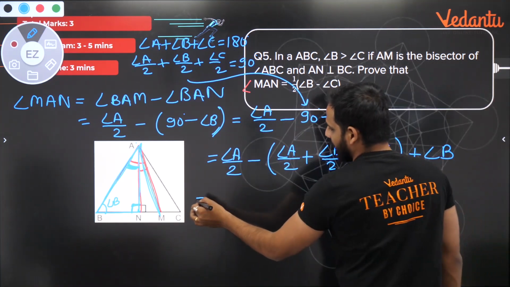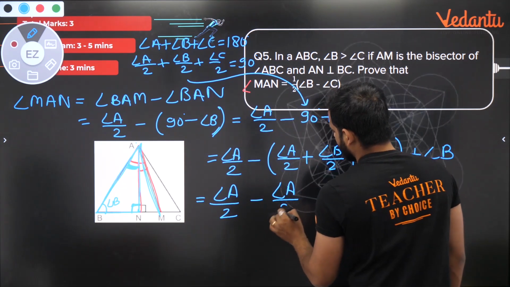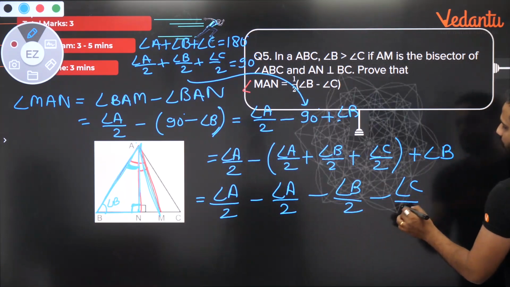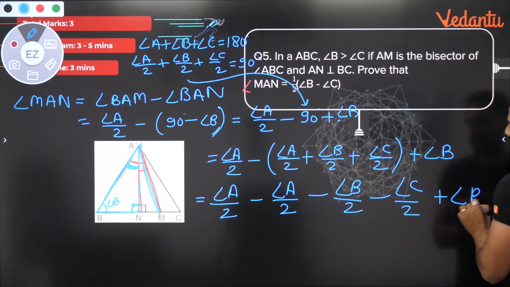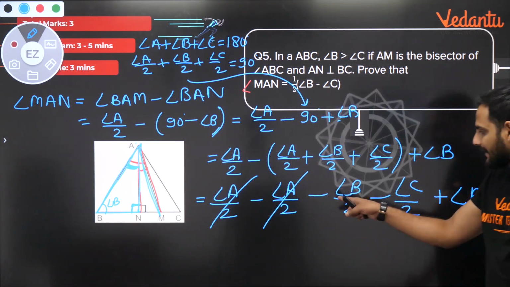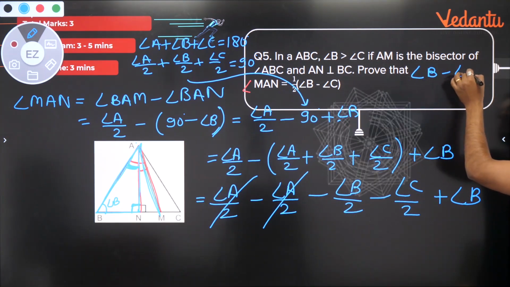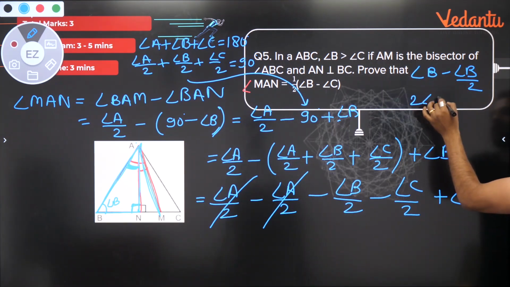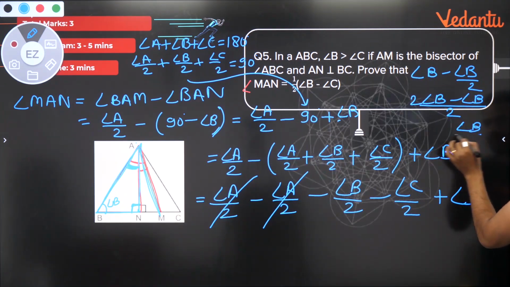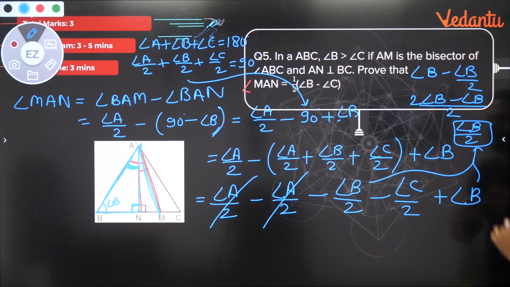Now if I open the bracket, it becomes angle A by 2 minus angle A by 2 minus angle B by 2 minus angle C by 2 plus angle B. Angle A by 2 and minus angle A by 2 got cancelled. Minus B by 2 plus B: take LCM, 2 times angle B minus angle B by 2, which is nothing but angle B by 2.